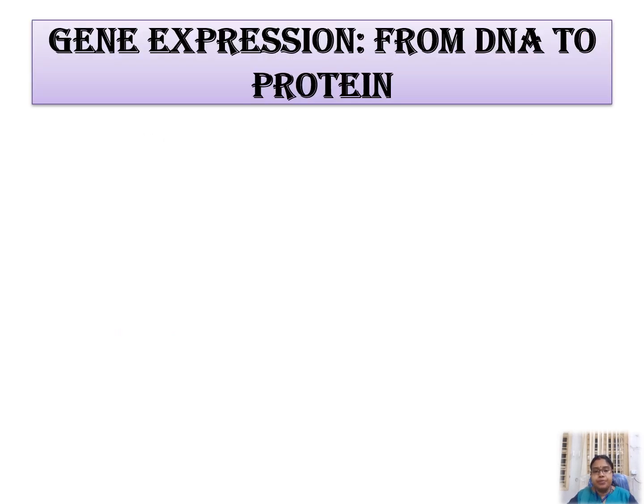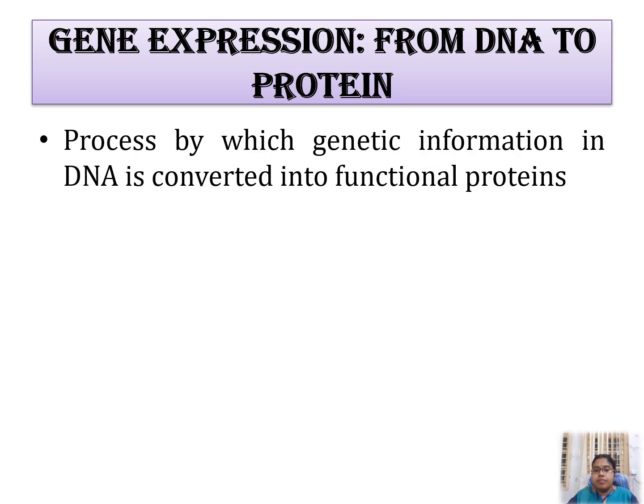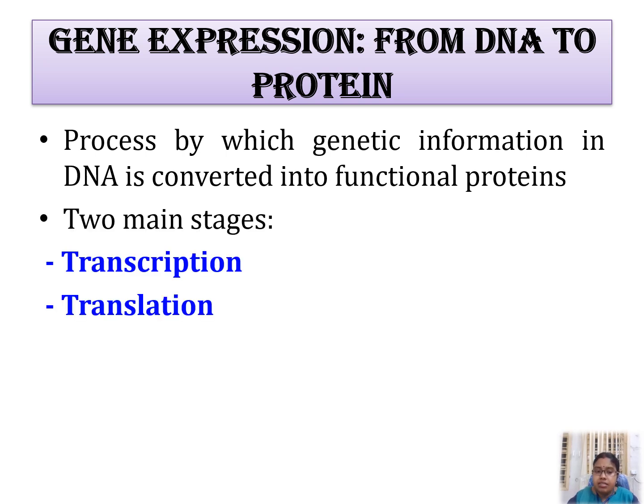Then, gene expression: from DNA to protein. The process by which the genetic information in DNA is converted into functional protein is gene expression. It has two main stages: transcription and translation. Apart from these, there is one more process known as replication.